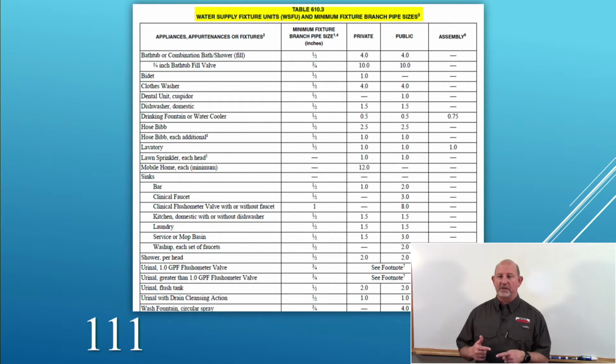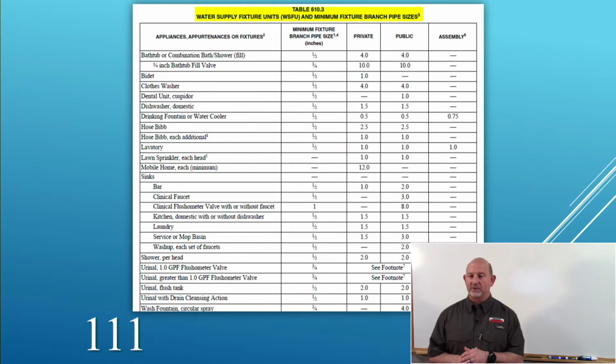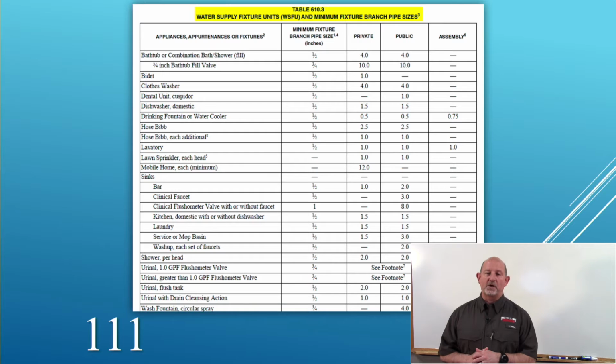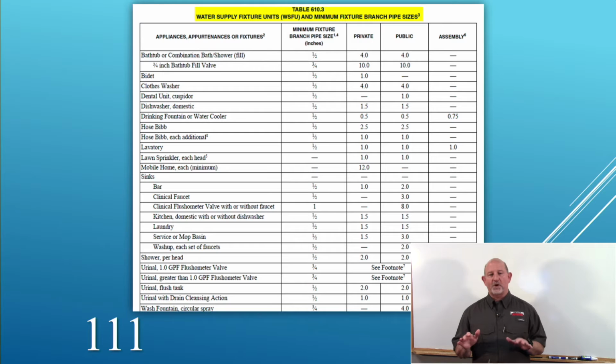That dishwasher should be the same under private and public. That cuspidor should have been only under public. Funny mistake there in the code. Anyway, that dishwasher is worth 1.5. Sorry, I got off a line there. So the dishwasher is worth 1.5.